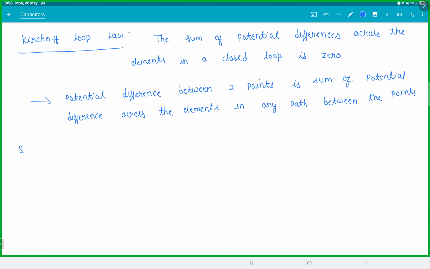Now, the next important thing is the sign convention. When we use Kirchhoff's loop law, we need to be careful with the sign convention. Idea is pretty simple. In some books, they might use the opposite of this. So see which one you're more comfortable with, but we will stick to this convention. We will use a very simple convention. When we go from higher to lower potential, potential decreases. Kind of makes sense.